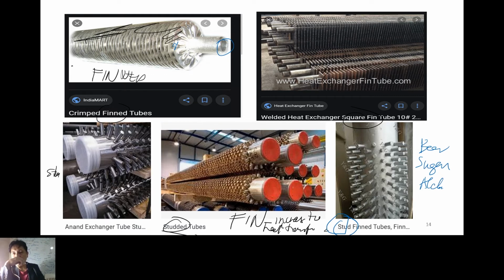So, yung mainit na paligid, mainit na kwarto, mainit na karne, mainit na tubig, o yung init galing sa gulay, when they come here, they are going to contact with more area. Pinarami yung area, mas maraming area. Pag maraming area, mas malaki yung heat transfer. Tama ba? Is it correct?